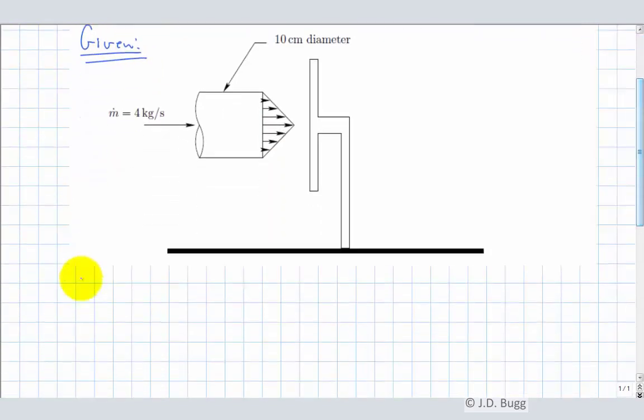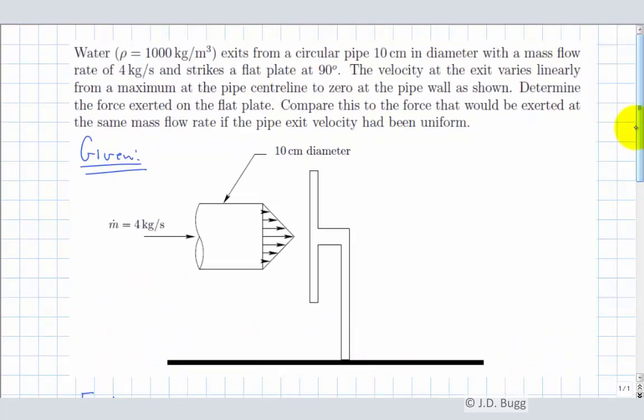What have we been asked to find? Take a look at the problem statement again. Determine the force exerted on the flat plate and compare that to the force that would be exerted if the velocity had been uniform.